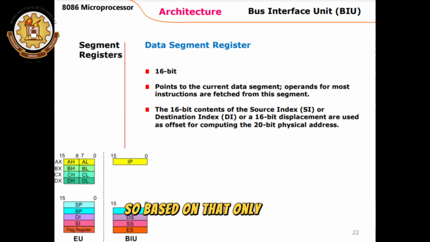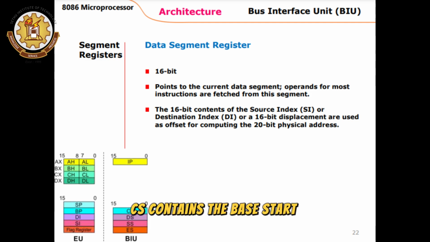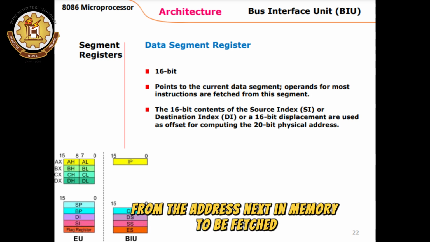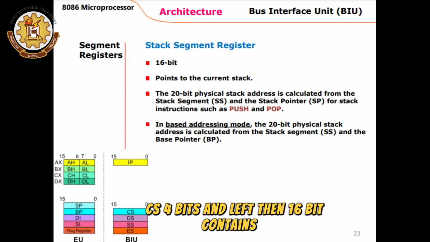Based on that, the code segment register works. It is a 16-bit register. CS contains the base start of the current code segment. IP contains the offset from the address of the next byte to be fetched. In total there are 20-bit physical addresses: CS shifted by 4 bits plus the 16-bit contents of IP.